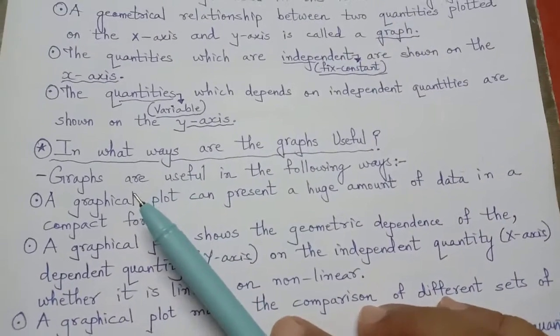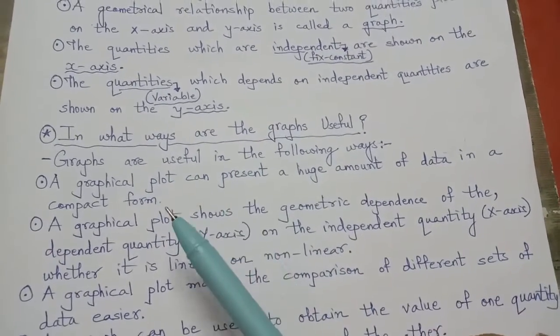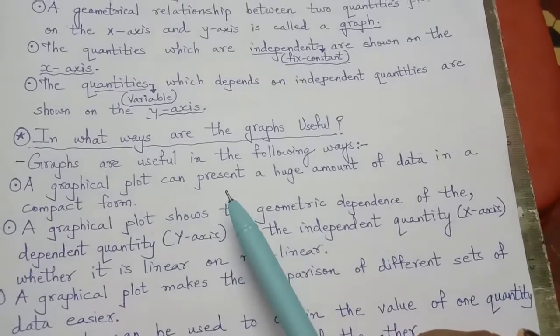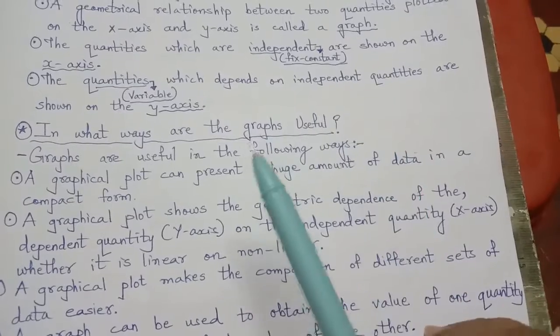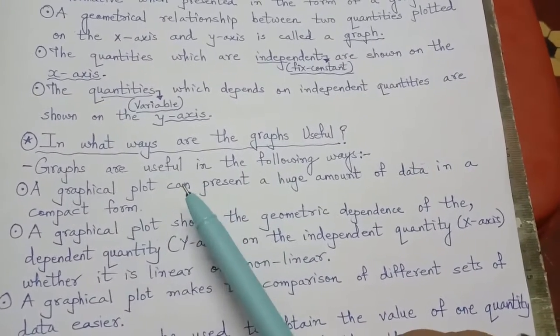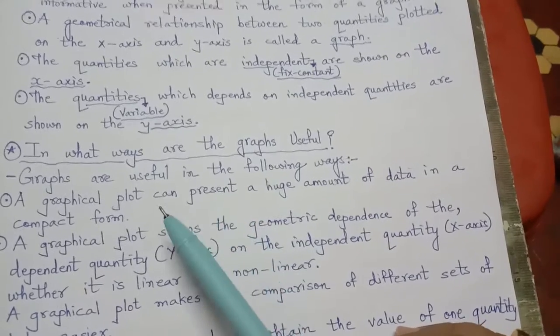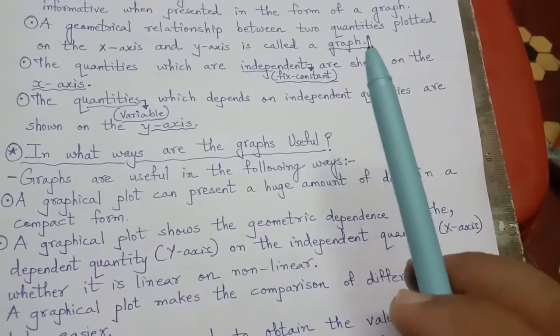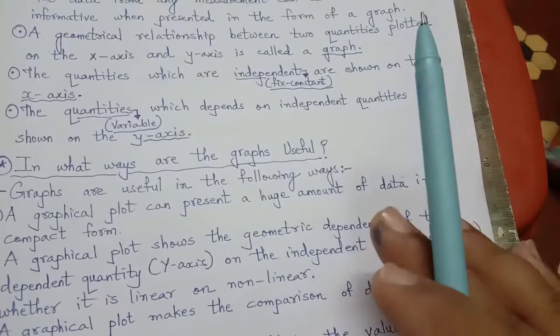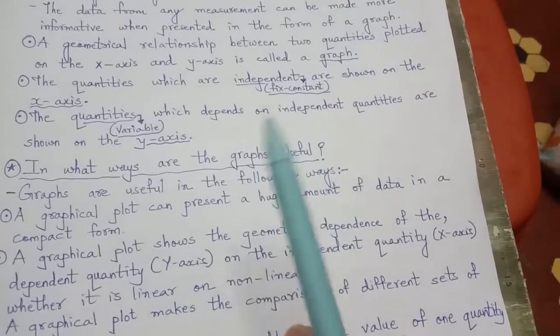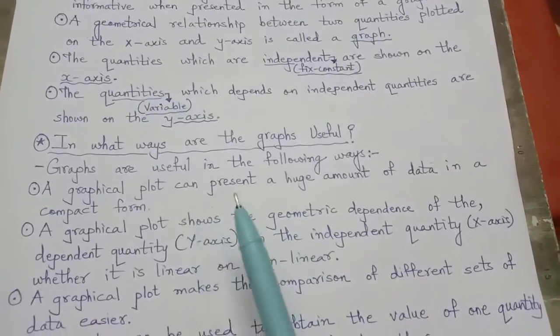Let us see in what ways graphs are useful to us. First, a graphical plot can present a huge amount of data in a compact form. If the data is huge, it can still be presented in one graph in a compact manner.